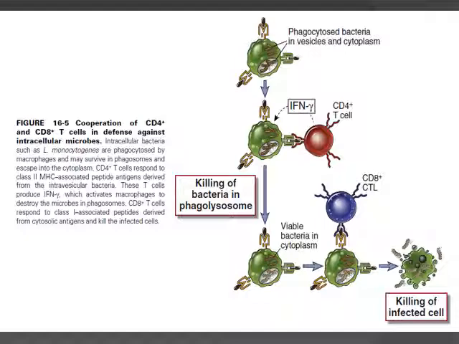Of course, this is through perforin and granzyme enzymes, and these cells will be killed. In this case we will have killing of the infected cell and clearance of the infection through the killing of the infected cell.